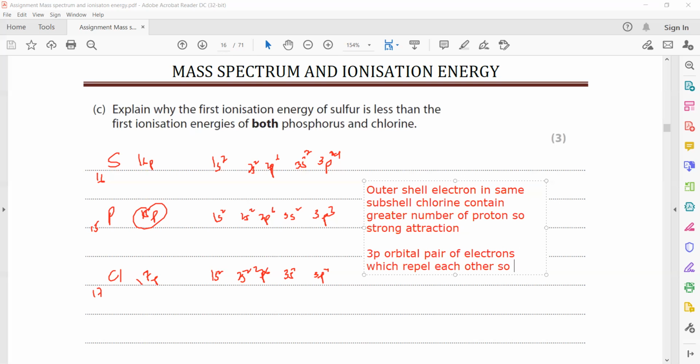So an electron can be removed easily from sulfur compared to phosphorus.